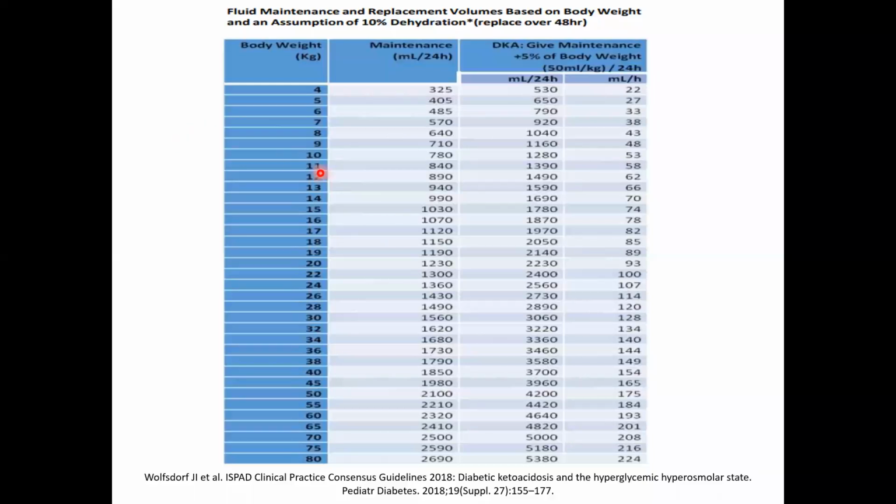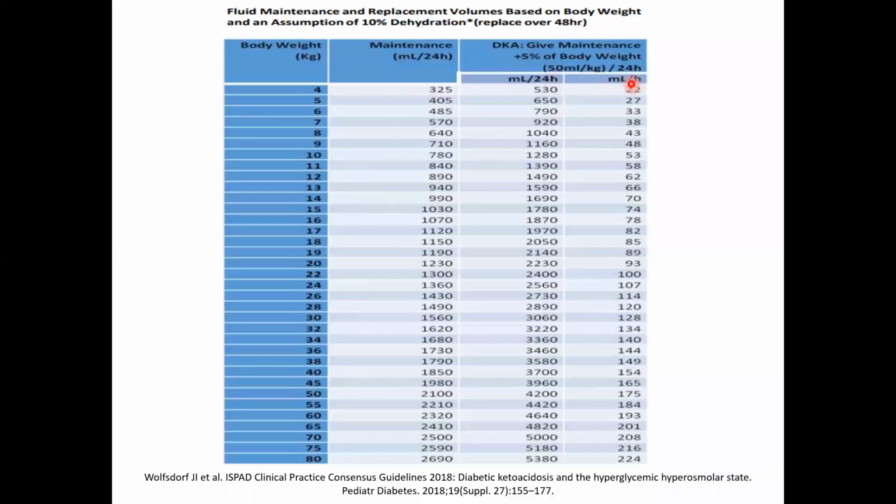So for example, our 14 kilo 4-year-old girl, if you look at that, here we have the maintenance, which is calculated over 24 hours. And then here we have the maintenance plus 5% of body weight, which is what you're giving over 24 hours. Remember, we are replacing the 10% over 48 hours, so that has been divided into 2 for us to get what you're going to give over 24 hours.